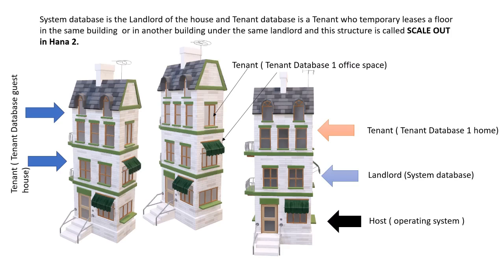We scale it vertically. One single host was earlier using, suppose, 6 to 12 cores of CPU and around 256 GB RAM. I expand it to around 1 terabyte of RAM and around 64 cores of CPU. In that situation, I can easily accommodate two more tenants on the same host.